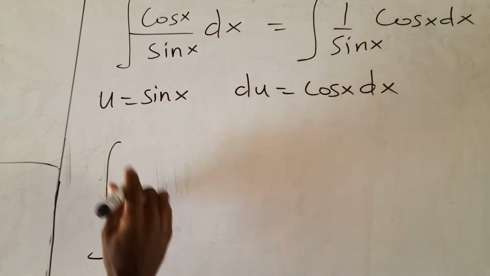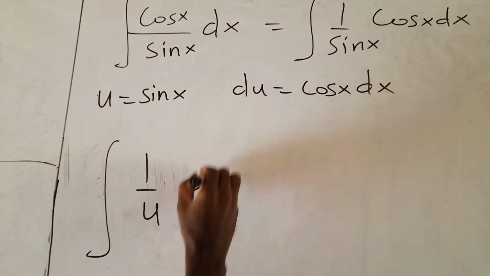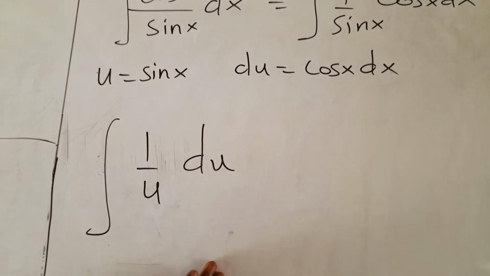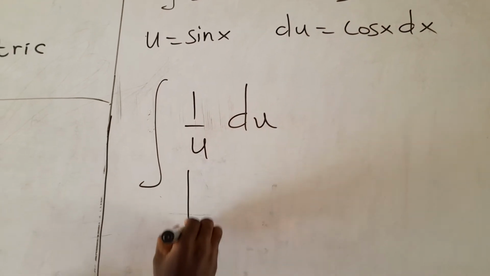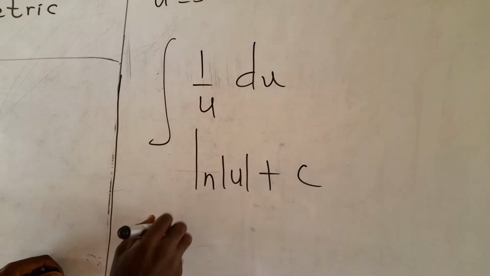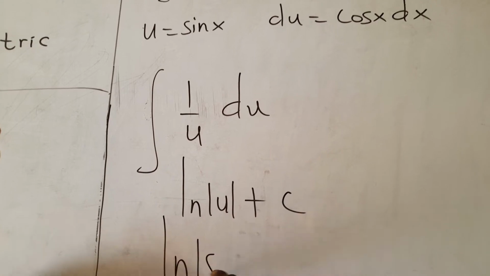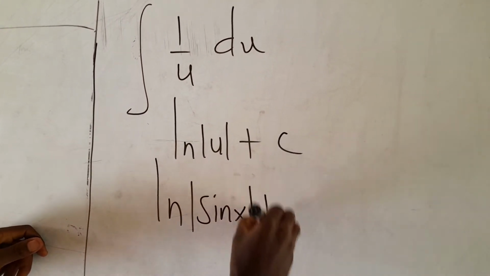Remember, sin x is u, so we have 1 over u. Then cos x dx is du. Now we integrate this. The integral of 1 over u is ln absolute value of u plus our constant. Plus c. u is sin x. So we say ln absolute value of sin x plus c.